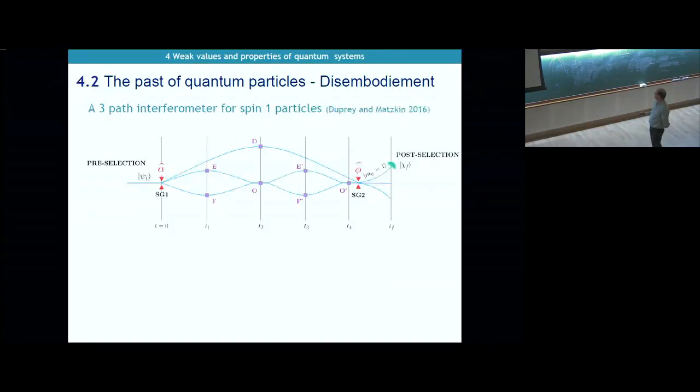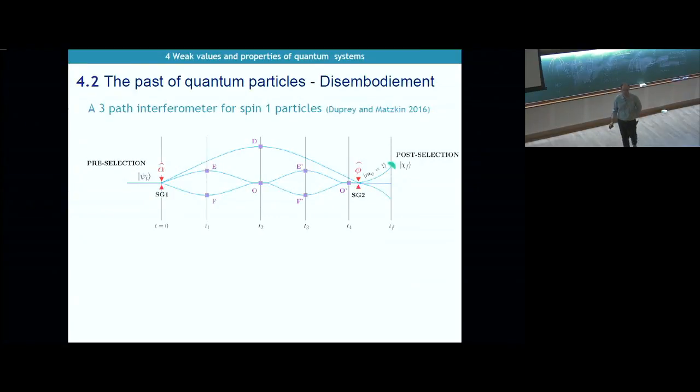So this is very much what I drew before. We have a three-path interferometer. It's easy to visualize if you think about spin-1 particles, because in that case, you have a magnetic field here that gives you three different paths according to the azimuthal number, the value of n. But never mind. So you have three paths, and you assume you can recombine them.